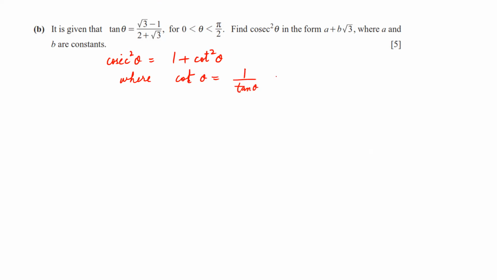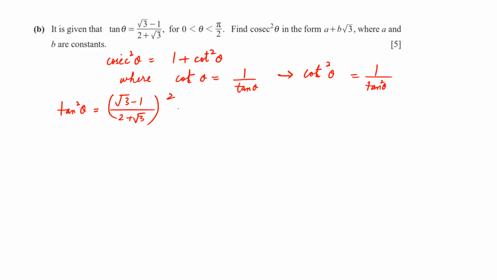So cot square theta is 1 over tangent square theta. So let's find tangent square of theta. Tangent square of theta is under root 3 minus 1 over 2 plus under root 3, whole square.